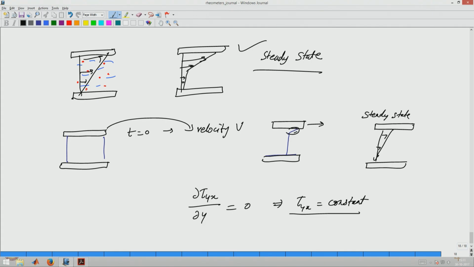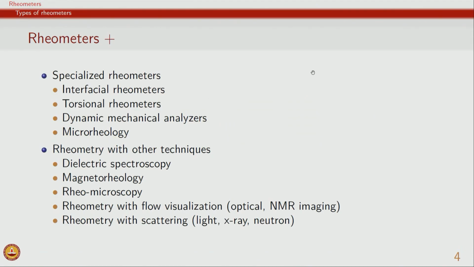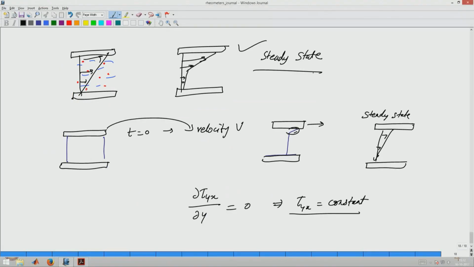For examination of shear banding or any such features in rheometric flows, flow visualization is done, and there are multiple ways. What I explained right now was an optical method, where you put in particles, and this technique is called particle image velocimetry. Basically, measurement of velocity using images of particles.